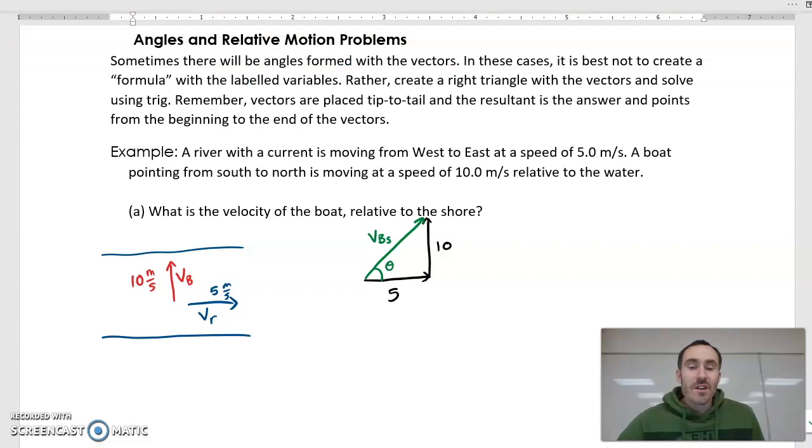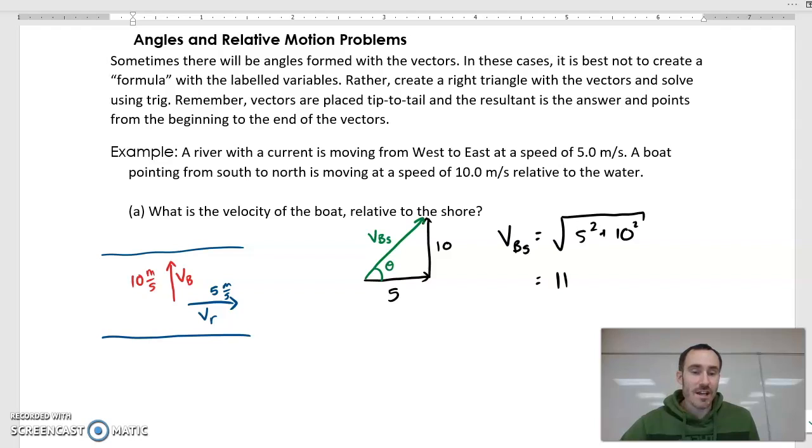So when we are figuring out that velocity, it's a squared plus b squared equals c squared. We have to use the Pythagorean theorem. So VBS is equal to the square root of 5 squared plus 10 squared. And when you do that, you get 11 meters per second. And then we need a direction on that.